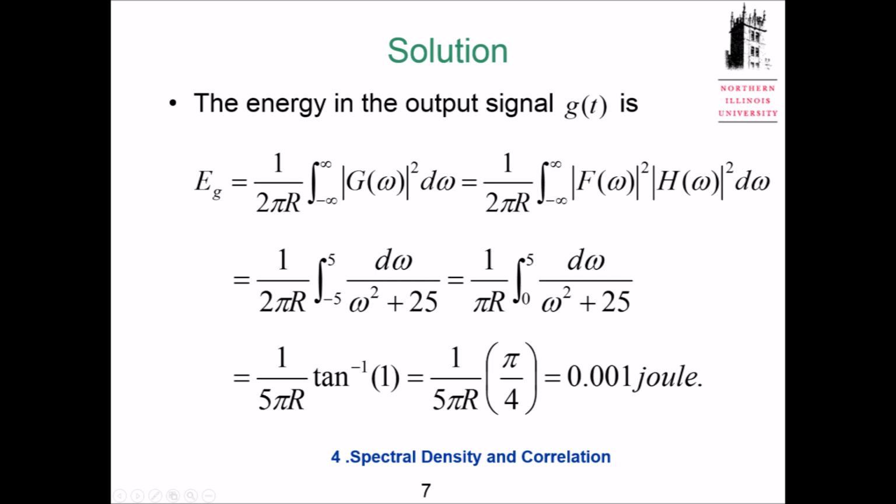So now I calculate the integral from -5 to 5 because of this low-pass filter. Any frequency higher than 5 will be cut off. Next step, the 2 is gone because this signal is an even symmetric signal. I do the integral, and only one side times 2, right? So I get 1 over pi times the integral from 0 to 5 of this one.